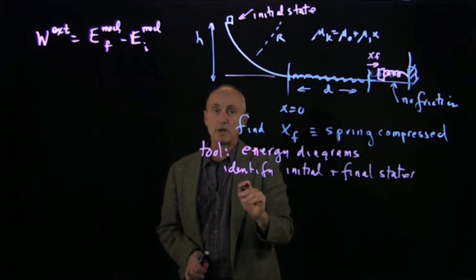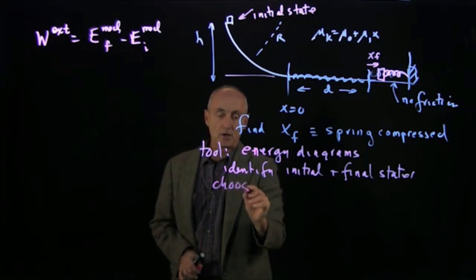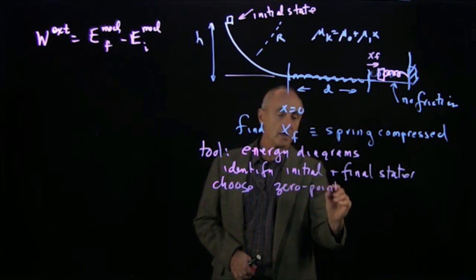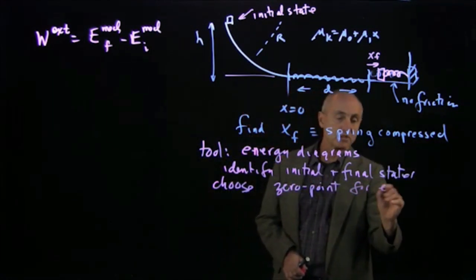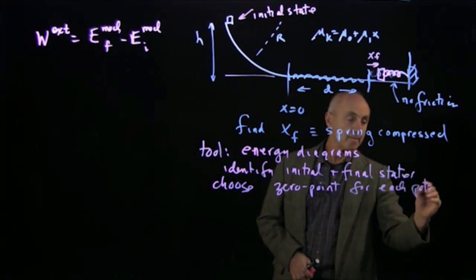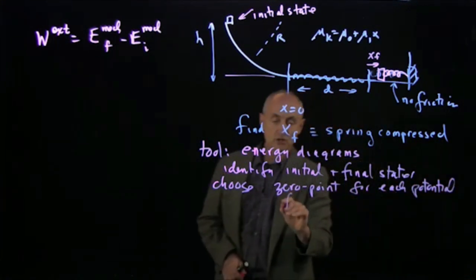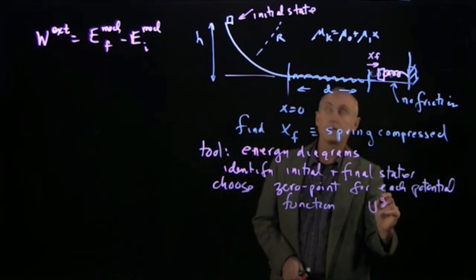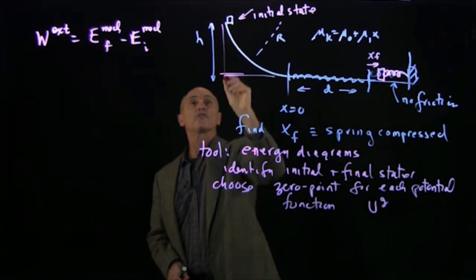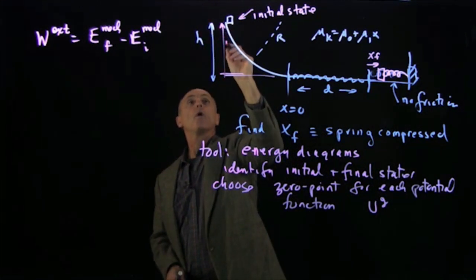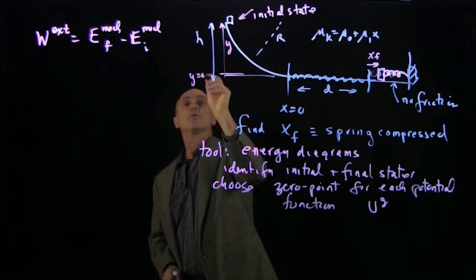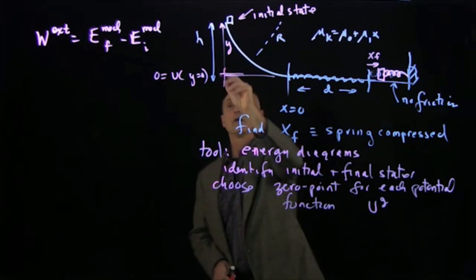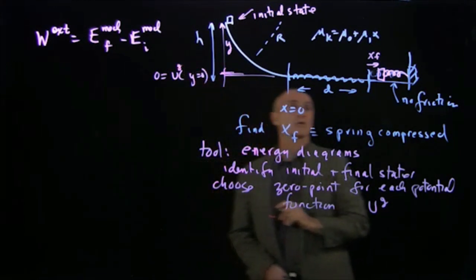And now what we want to do is choose reference points, zero points, for each potential function, and show that on our diagram. So for the potential energy of gravity, if we chose this to be y equals 0, then U at y equals 0 is 0. We'll call that the zero point for gravity.